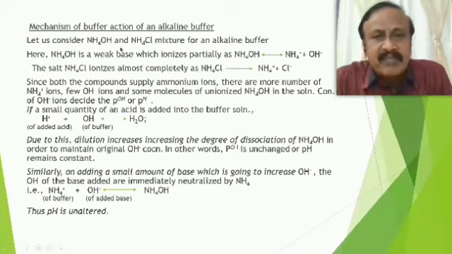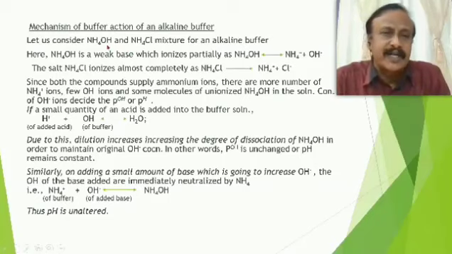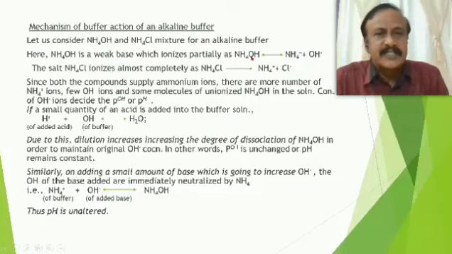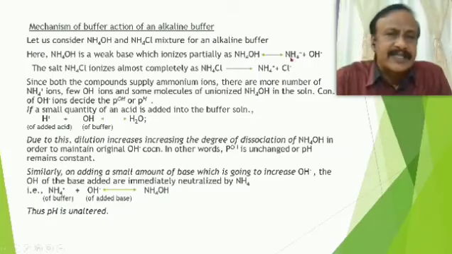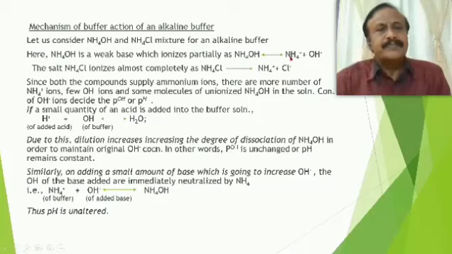We have used the terms conjugate acid and conjugate base. If ammonium hydroxide is a weak base, when it undergoes ionization, it forms NH4 plus and OH minus. NH4 plus is called the conjugate acid of ammonium hydroxide.